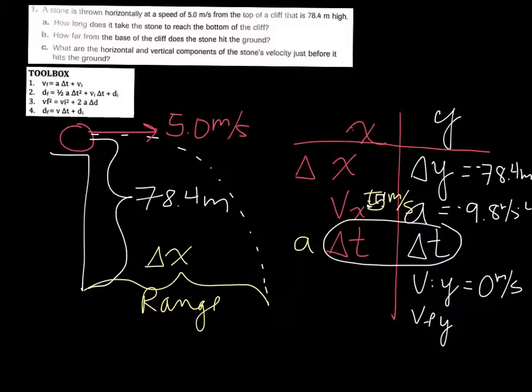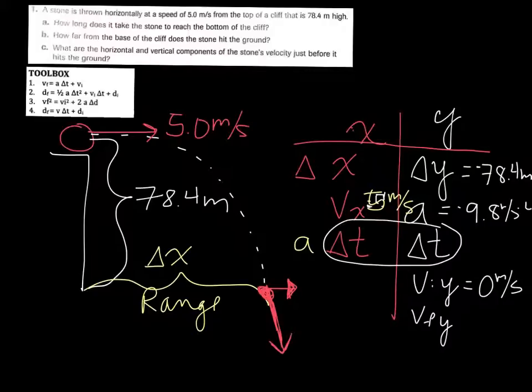And we also finally want to know the horizontal and vertical components of the stone's velocity just before it hits the ground. So thinking about when the object gets right here, it's got some final velocity, and it will still have that component of its velocity acting in the horizontal direction, acting in the x direction.